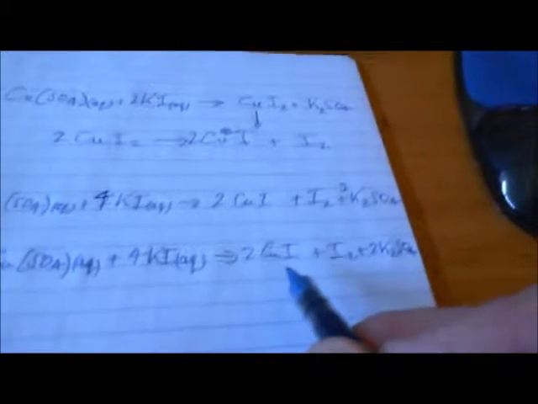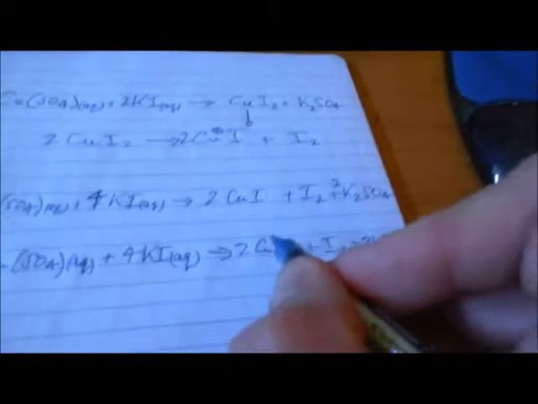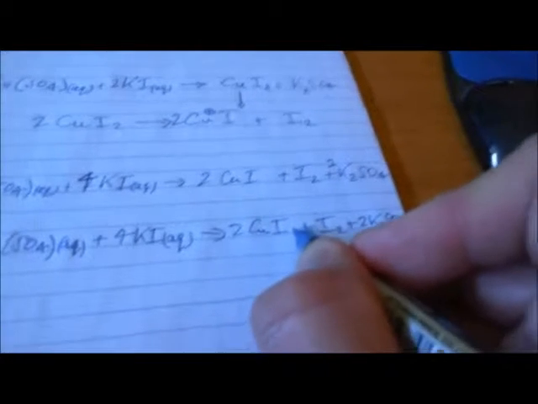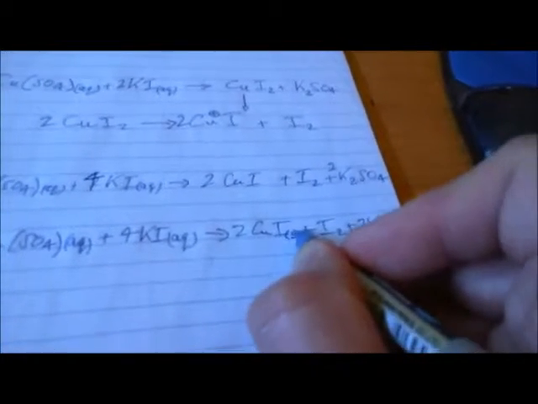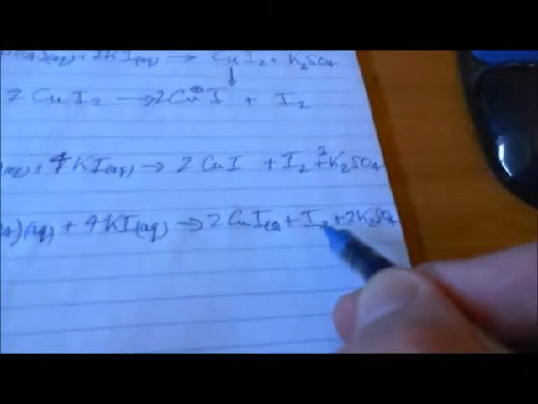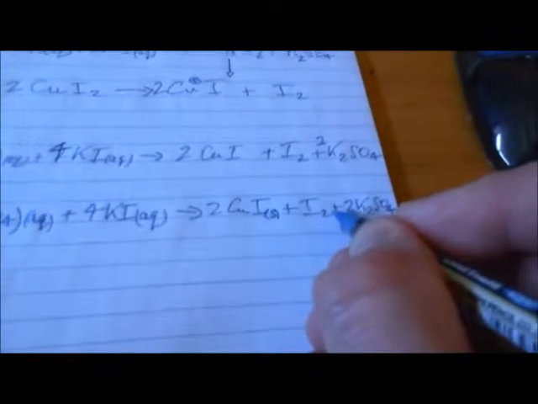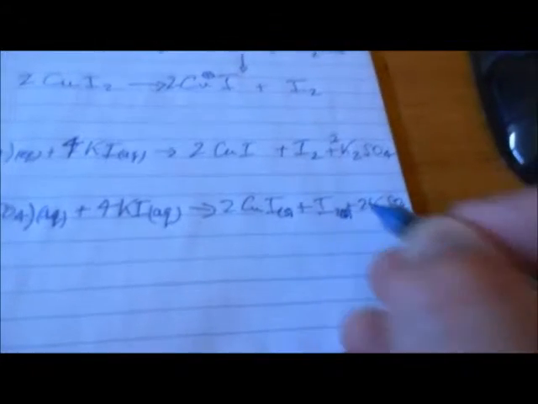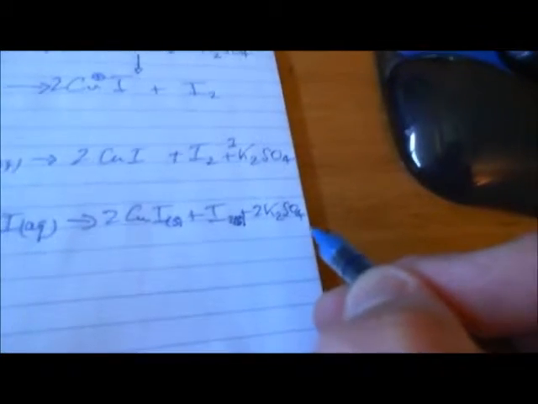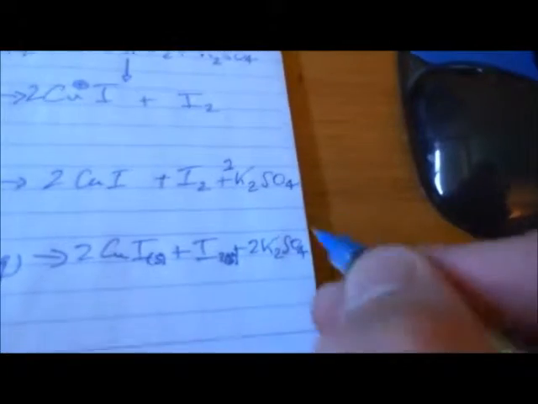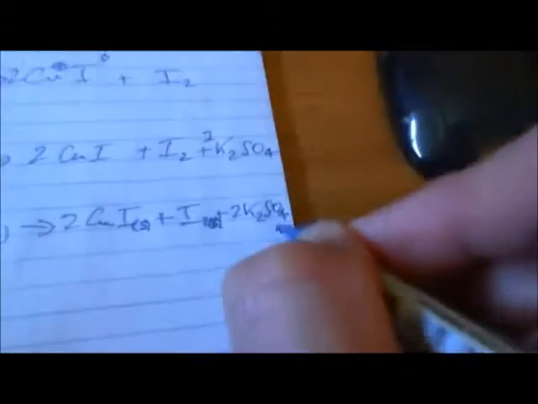Now in terms of the states, if one looks up in the tables, copper 1 iodide is insoluble, so it's a solid, a precipitate. Iodine is insoluble in water, so that forms a solid. And potassium sulfate, which hopefully you can read, is aqueous. That is the first of the decomposition reactions balanced.